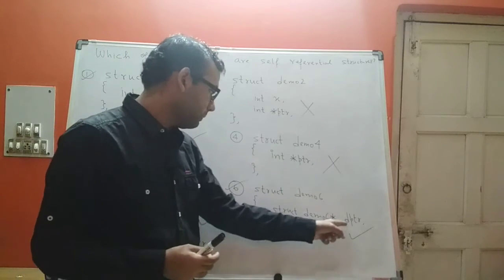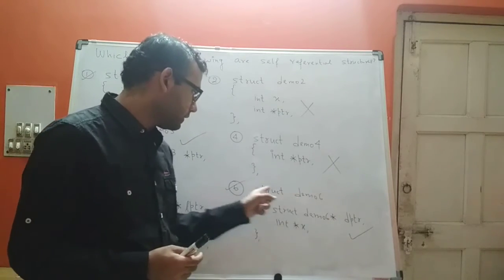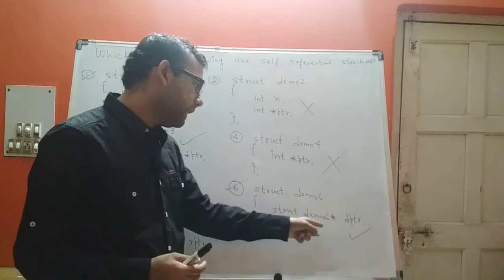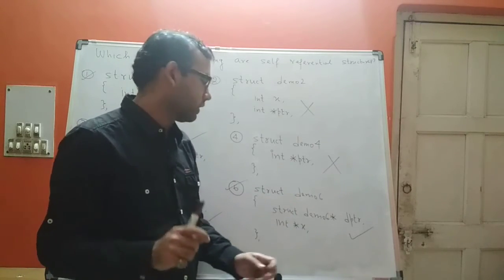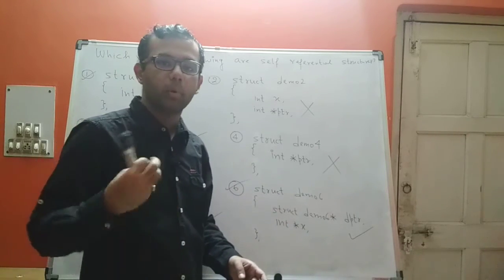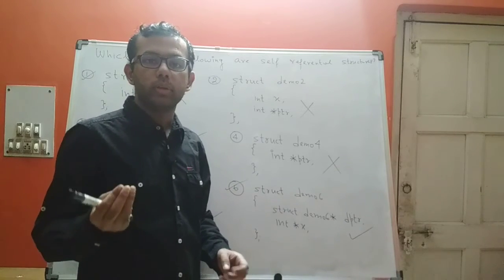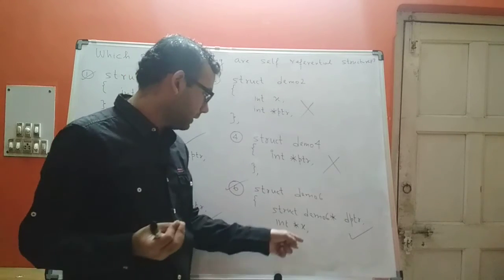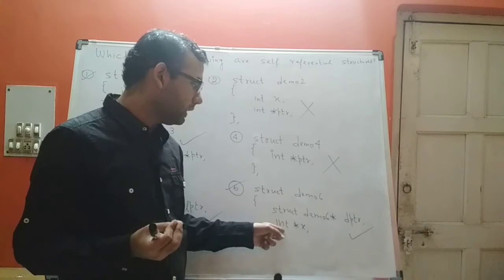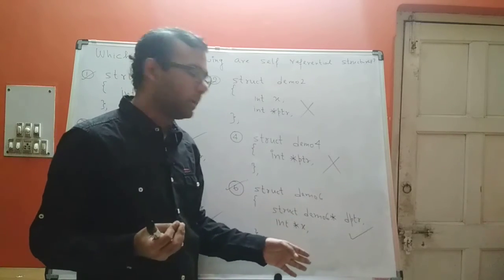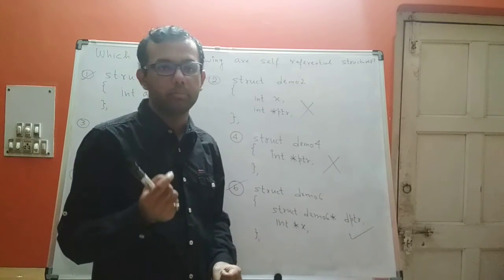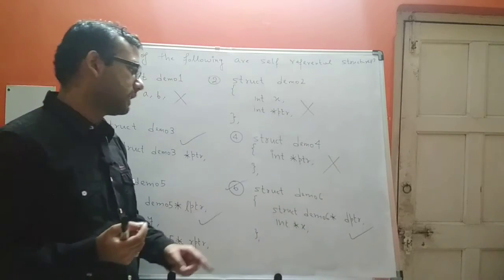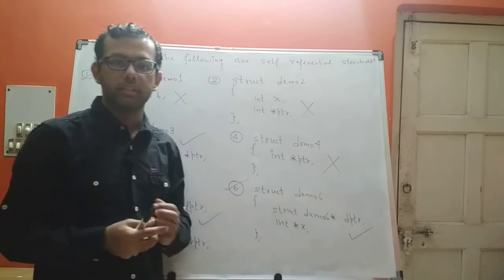Since dptr is a pointer to struct Demo6, which happens to be the name of the structure, it qualifies to be a self-referential structure. This structure may have additional pointers as well, pointers to your built-in types, like x is a pointer to a built-in type int. But as long as you have at least one member which is a pointer to the structure itself, it will qualify to be a self-referential structure.